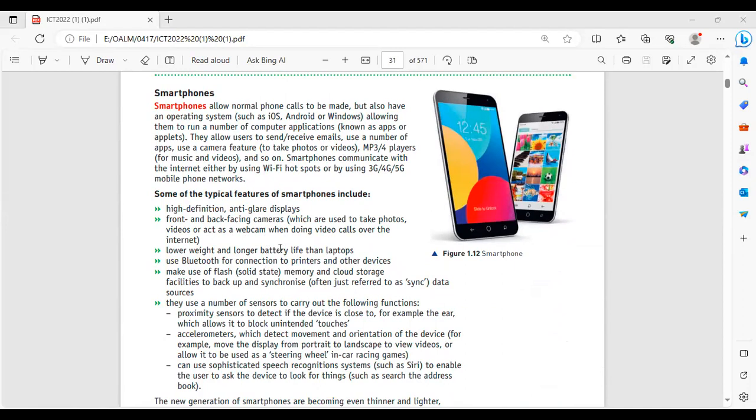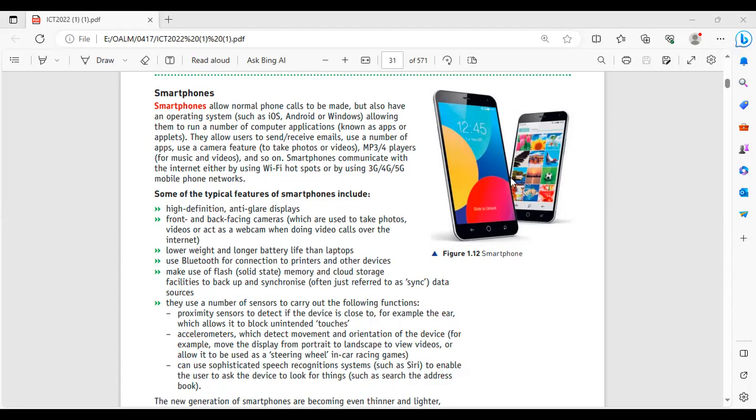At the same time, they allow users to send and receive emails. They can send SMS to anyone from around the world. They can use Wi-Fi hotspots or 3G, 4G, or 5G mobile network. Okay, good. You have explained very well.